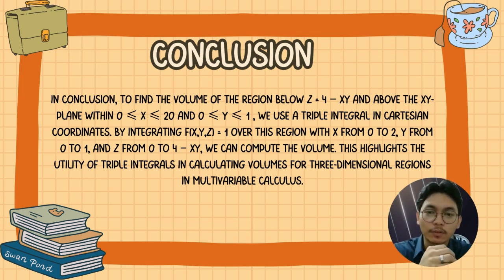To find the volume of the region below z equals 4 minus xy and above the xy plane, we use the triple integral in Cartesian coordinates by integrating f of x, y, z equals 1 over this region, with x from 0 to 2, y from 0 to 1, and z from 0 to 4 minus xy.